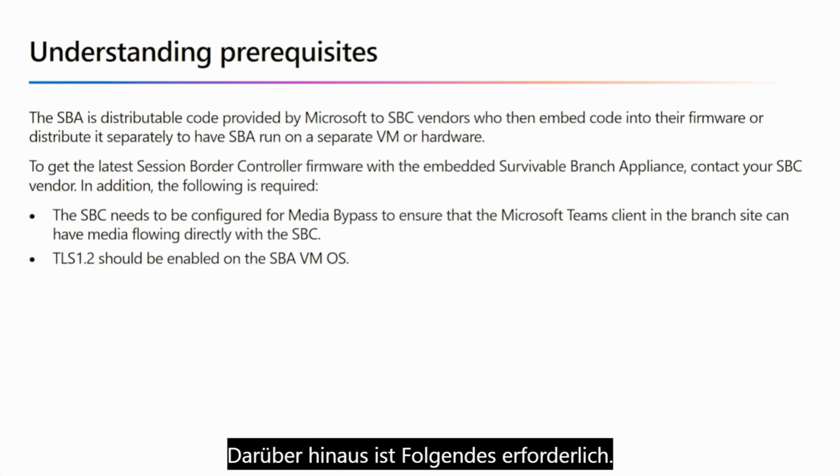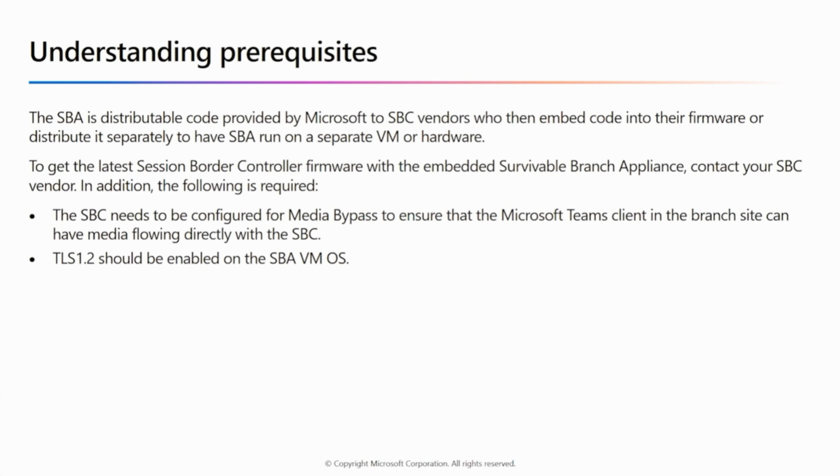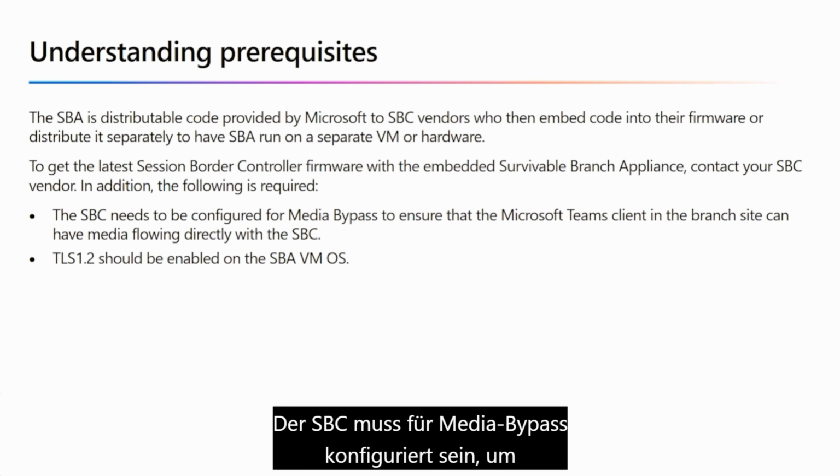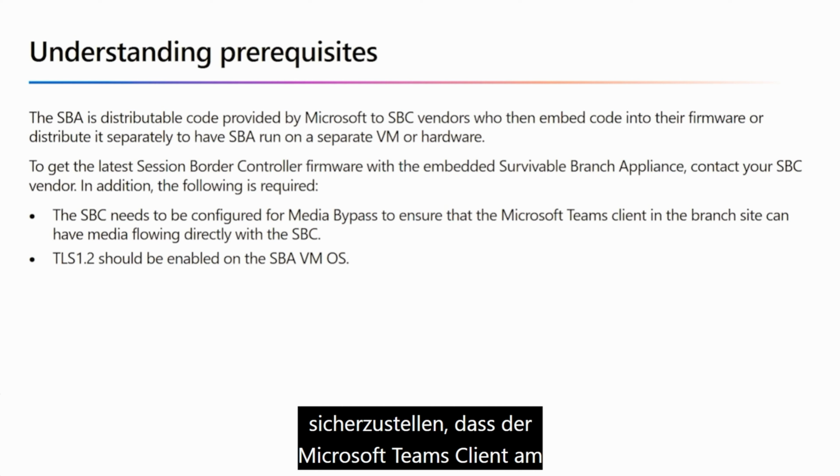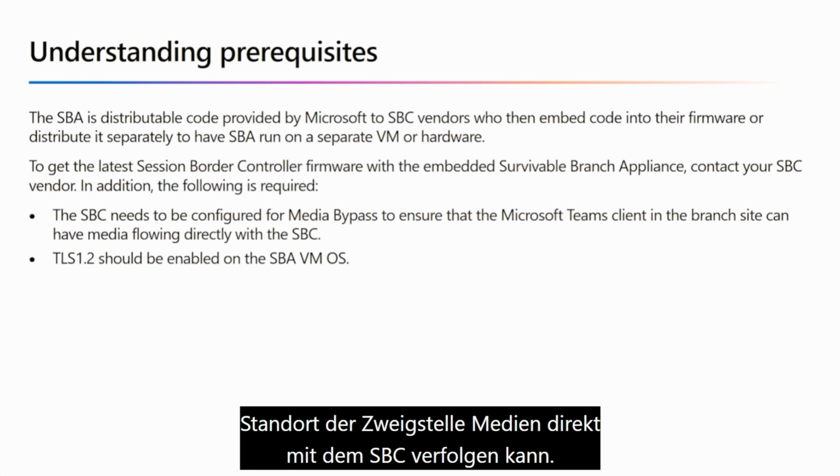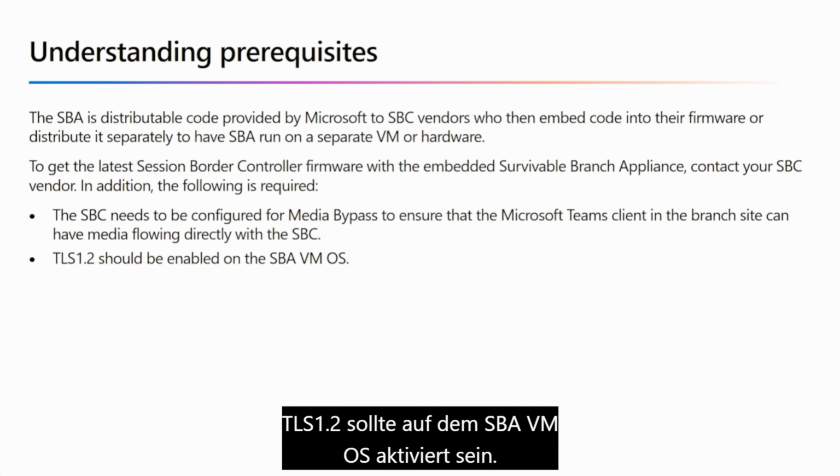In addition, the following is required. The SBC needs to be configured for media bypass to ensure that the Microsoft Teams client in the branch site can have media flowing directly with the SBC. TLS 1.2 should be enabled on the SBA VM or OS.